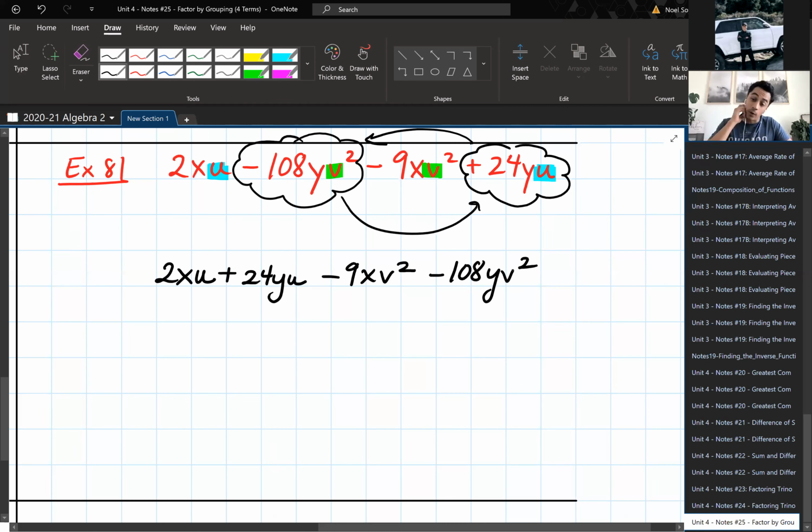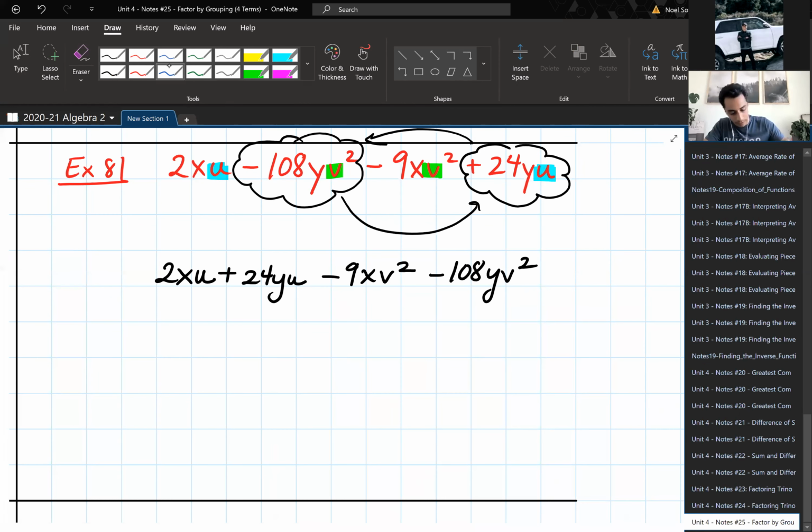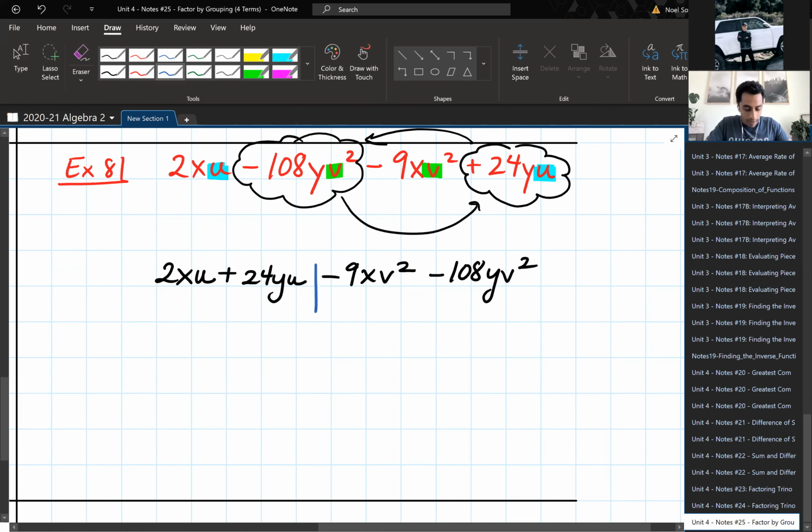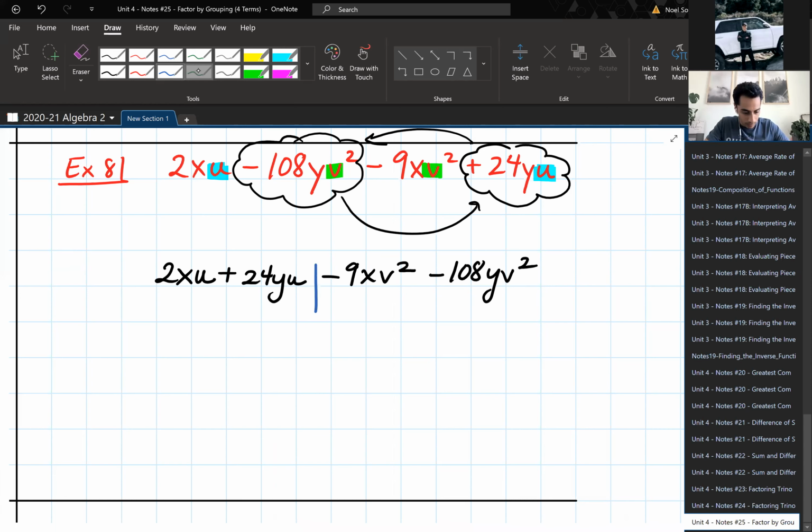All right. So from here, let's see if we can get something from this. After the second term, what is the GCF between the first two terms? You respectfully disagree? Okay. Well, let's see if this works. If it doesn't work, we can try another method. Let's just try it.